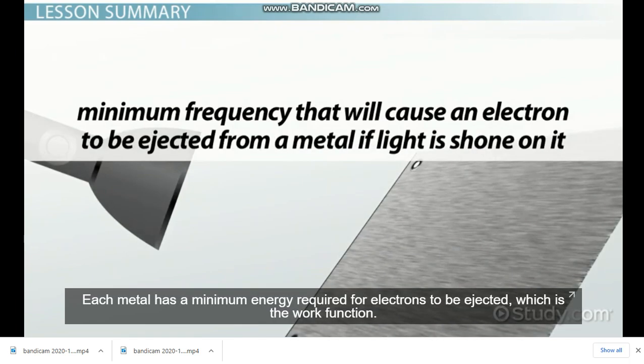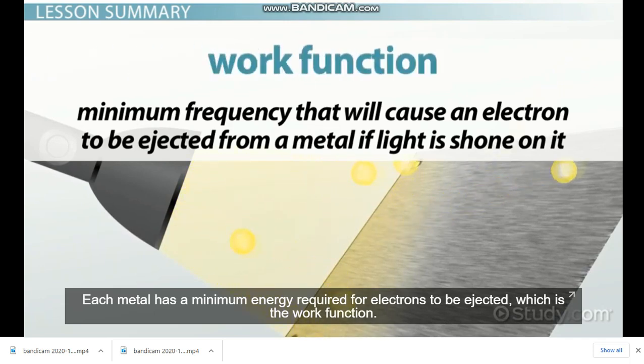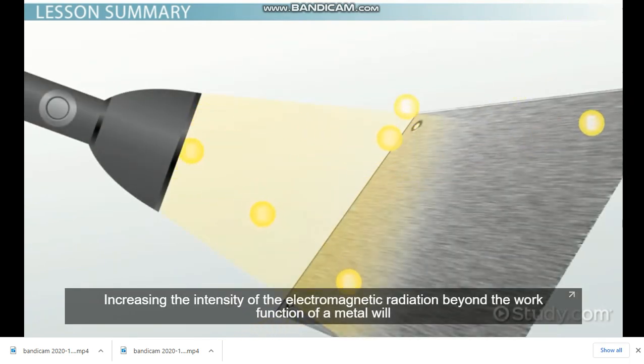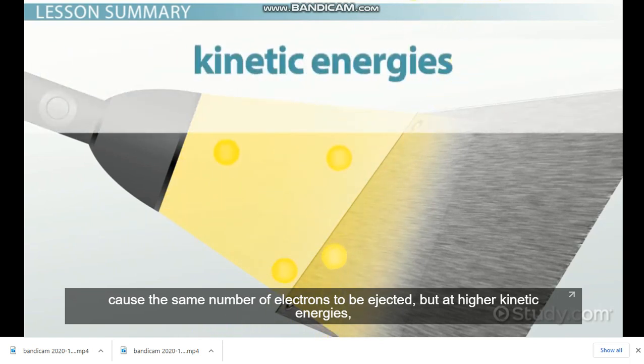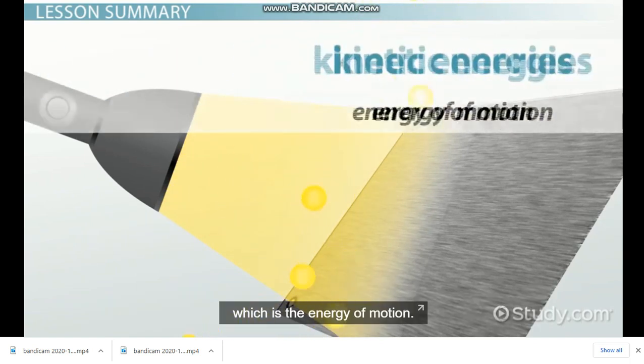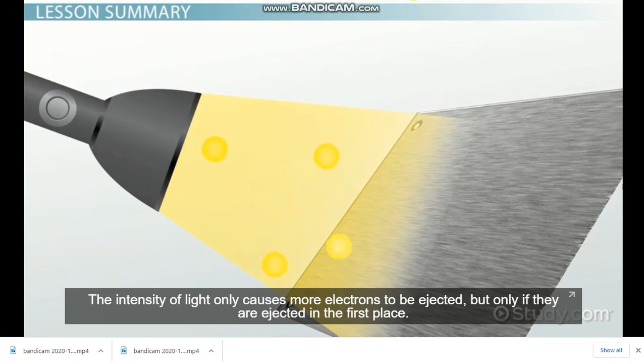Each metal has a minimum energy required for electrons to be ejected, which is the work function. Increasing the frequency of the electromagnetic radiation beyond the work function of a metal will cause the same number of electrons to be ejected, but at higher kinetic energies, which is the energy of motion. The intensity of light only causes more electrons to be ejected, but only if they are ejected in the first place.